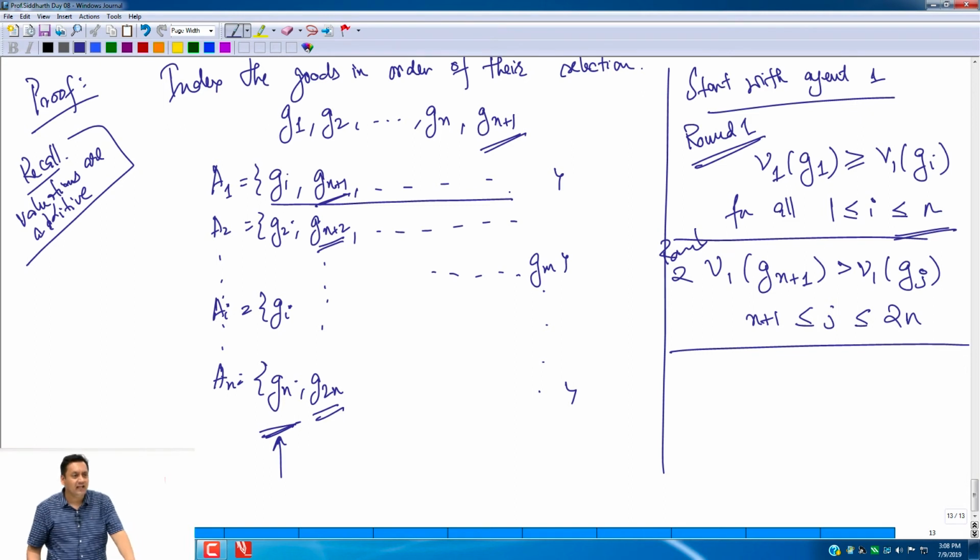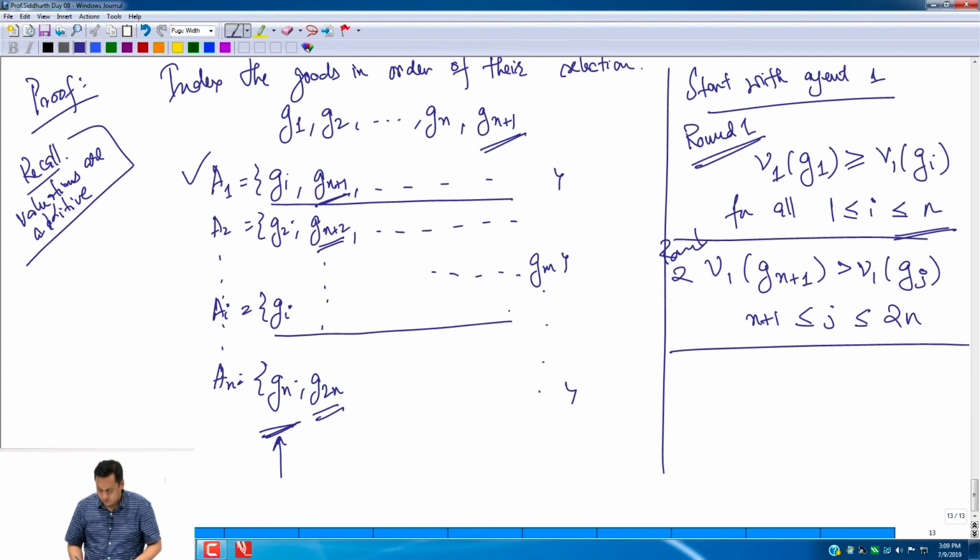This is exactly and the only place I'm going to use additivity. The fact that I have this good-wise comparison, additivity tells me that I can sum it up. The value that agent 1 has for this bundle is never going to be less than the value of the set of goods assigned to any other agent, because if I look round by round, agent 1 is doing quite well.